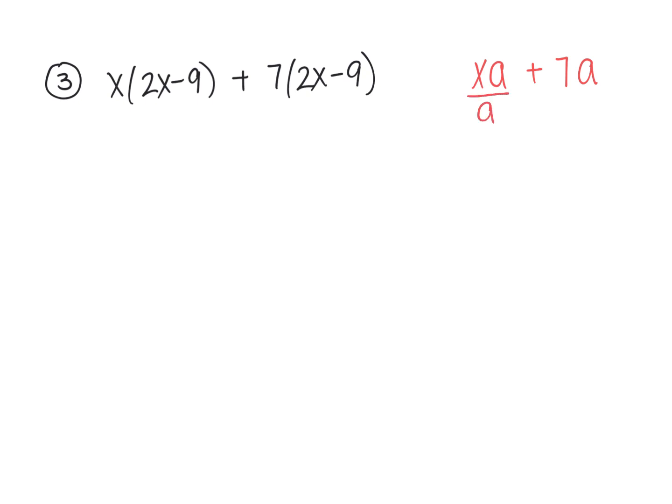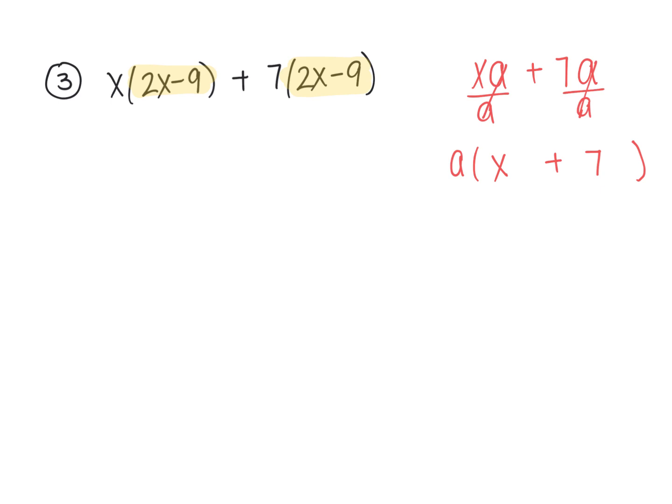So we're going to divide both pieces by a, put the GCF on the outside, followed by an open parenthesis. The a's will cancel. I'll be left with x. These a's will cancel, and I'll be left with 7. So I want you to consider this the same thing, except this is your a.